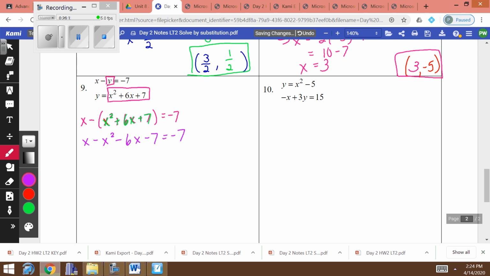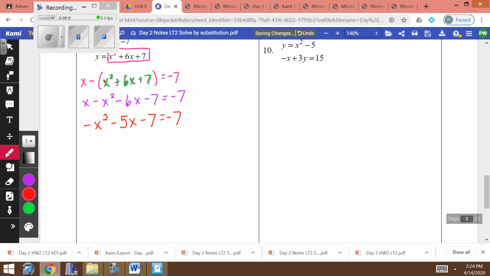So I'm going to combine some terms together over here. But notice that you are going to get a quadratic equation here. So I have a negative x squared, a minus 5x minus 7 is equal to 7. All right, so we're going to get a quadratic equation. This requires us to remember stuff from our last unit.